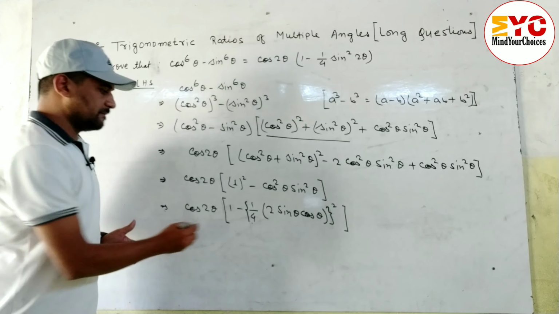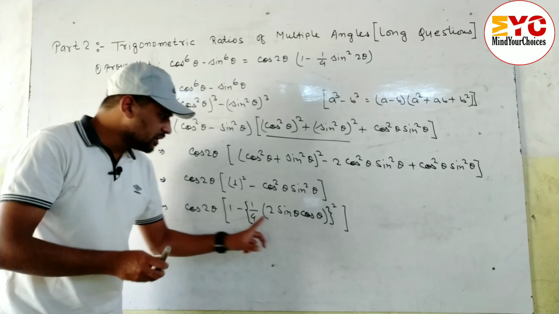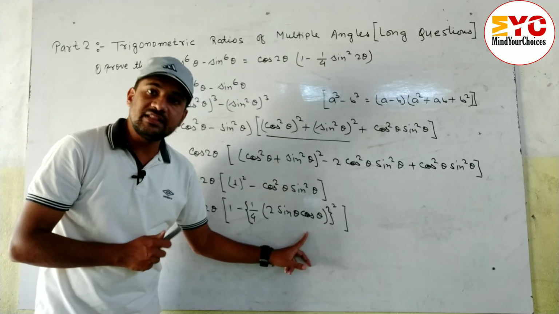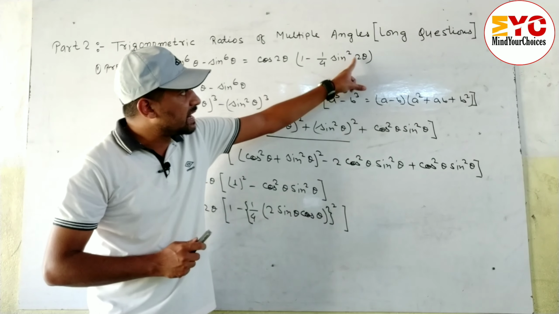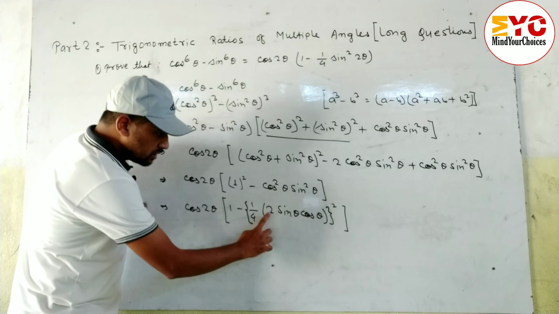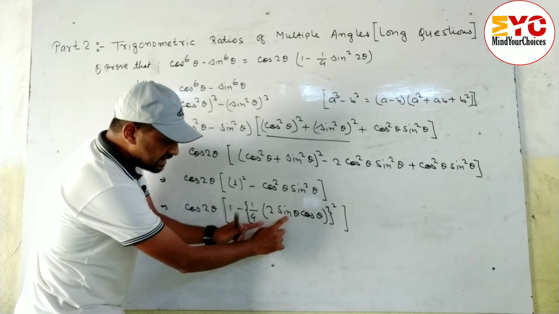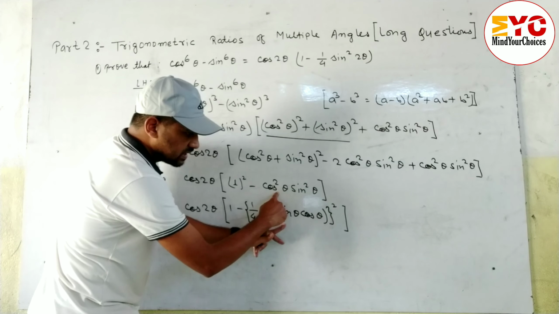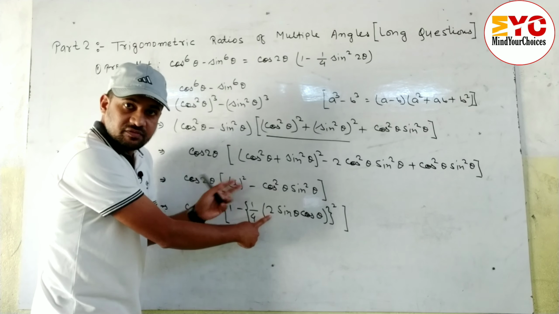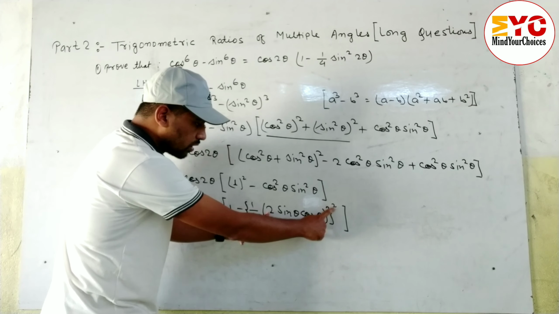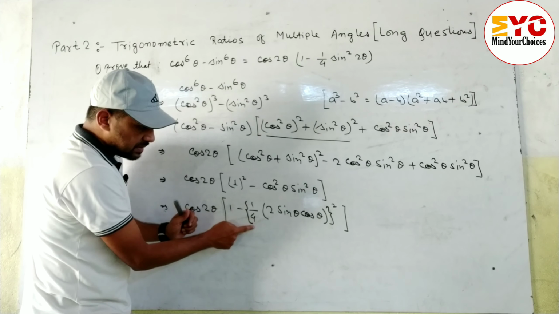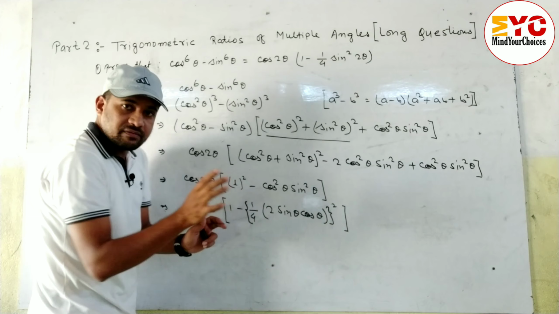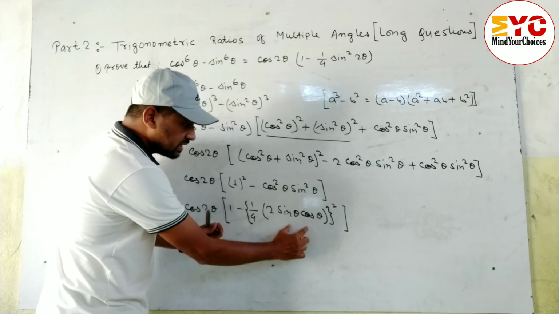Now you can see here we have to convert in the form of 2 sin theta cos theta. Why to convert in 2 sin theta cos theta? We need sin 2 theta, that's why. Now 2 square, this sine square theta is here, cos theta square, cos square theta, but 2 is from outside. 2 square means 4, and here I gave 1 by 4. It means 1 by 4 into 4, it will be cancelled. So what is remaining? Sine square theta cos square theta.